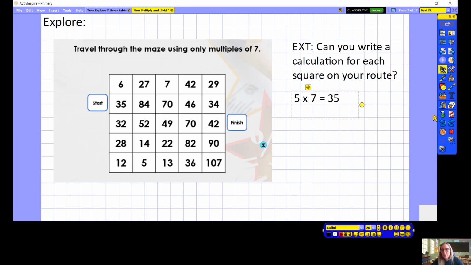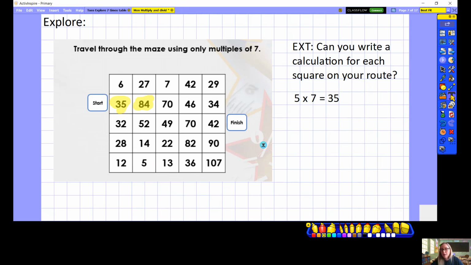So here's my first square, 35. Now I need to work out, am I going to go up, down, or across to work my way to the finish point? So 6 is not a multiple of 7, 32 is not a multiple of 7, 84 is a multiple of 7, okay, and I know this because 10 times 7 is 70, 2 times 7 is 14, and 70 and 14 added together is 84.